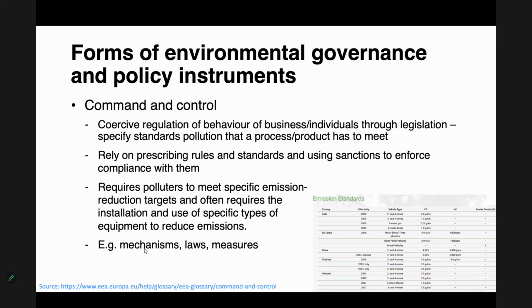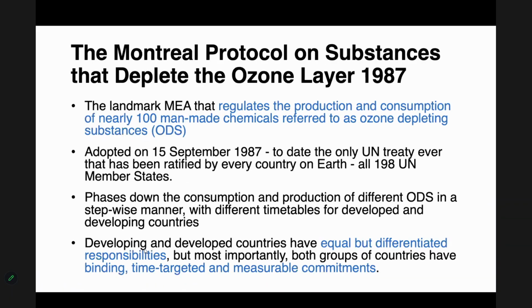It involves laws, mechanisms, measures that will be regulated through legislation. So you're basically forcing people to practice or to meet certain standards, environmental standards. So this is a good example of a command and control type.